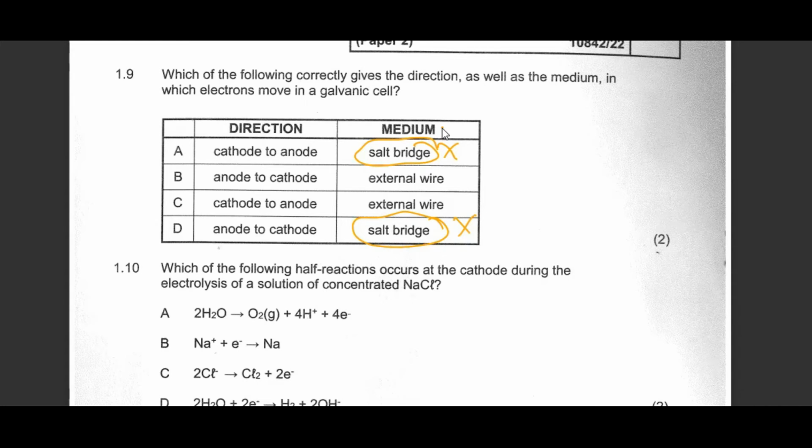Then you have the anode to the cathode and the cathode to the anode. So in this case, you need to know the direction of electron movement and the medium.